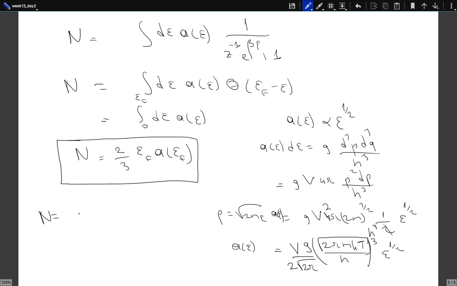So n is equal to V over 2 square root of 2 pi, G over lambda cubed, epsilon Fermi to the power 3/2. Now here there's a 3, I multiply by 2/3.